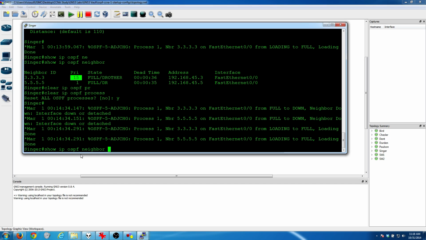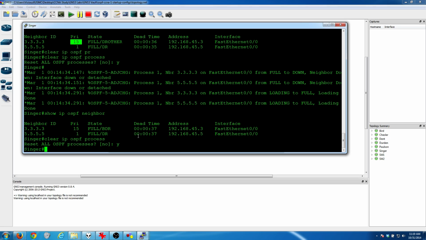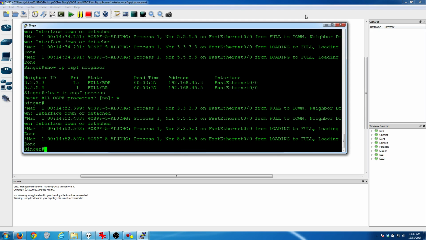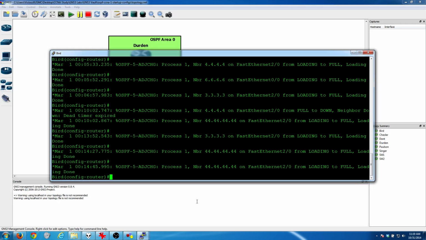And now let's look at our neighbors again. Still has not gone through. And let's go ahead and do that on Bird as well real quick.